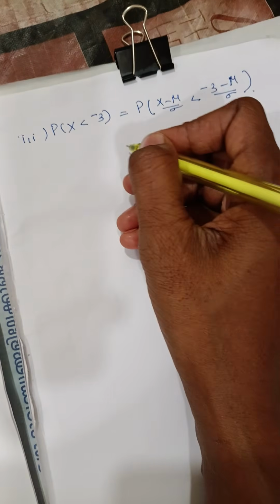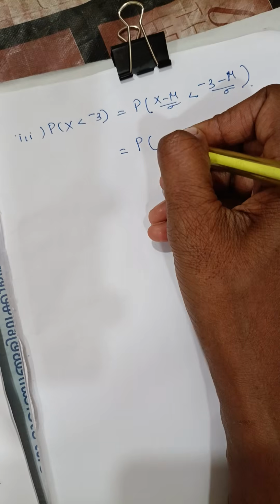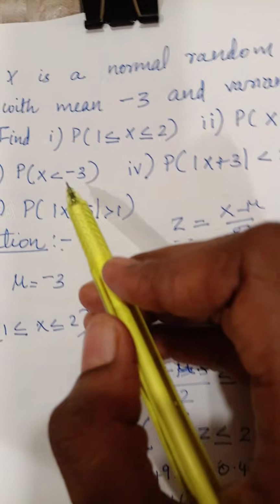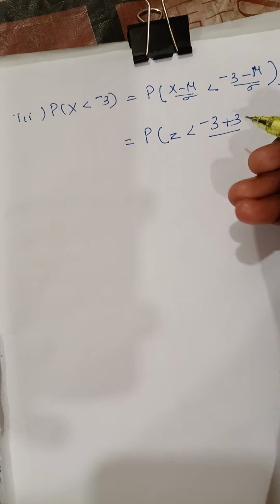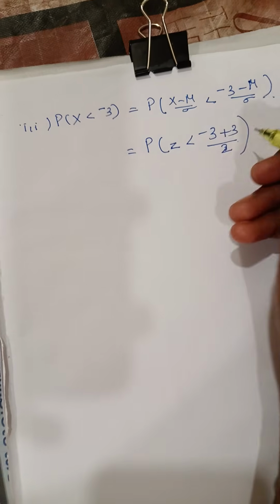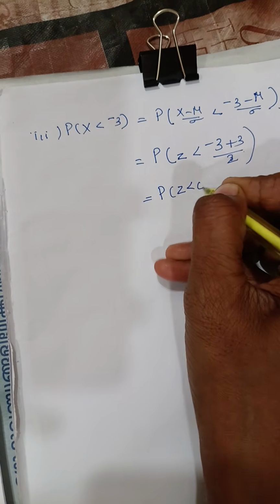Now probability of (x minus mu) by sigma is less than minus 3 minus, what is mu? Mu is minus 3. So minus of minus becomes plus. So this will become (minus 3 plus 3) divided by sigma, which is 2. Minus 3 plus 3 is 0, right? So this will become probability of z less than 0.